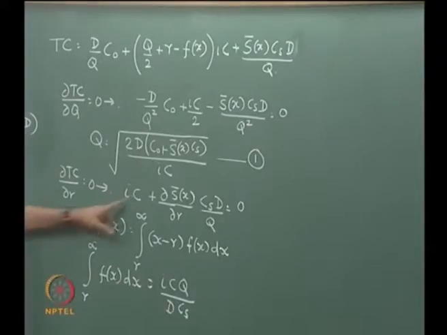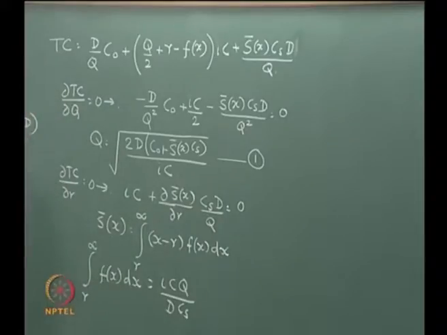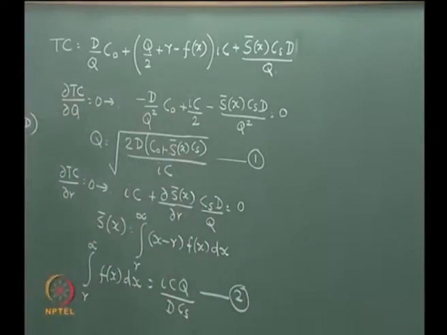The minus term comes from the partial derivative; minus goes to the other side, and I c Q by D C s would give this. So this is our second equation, which is this.